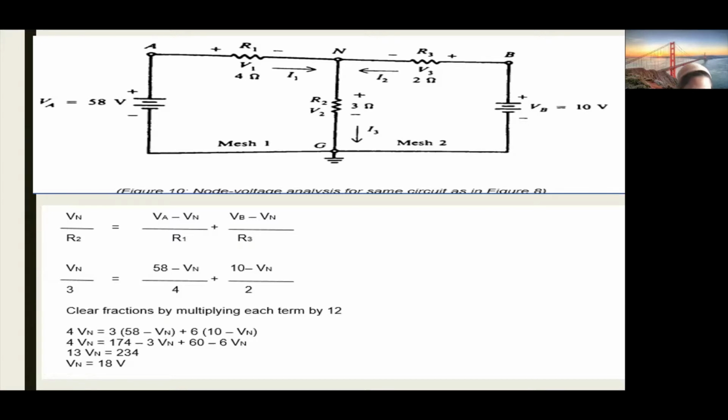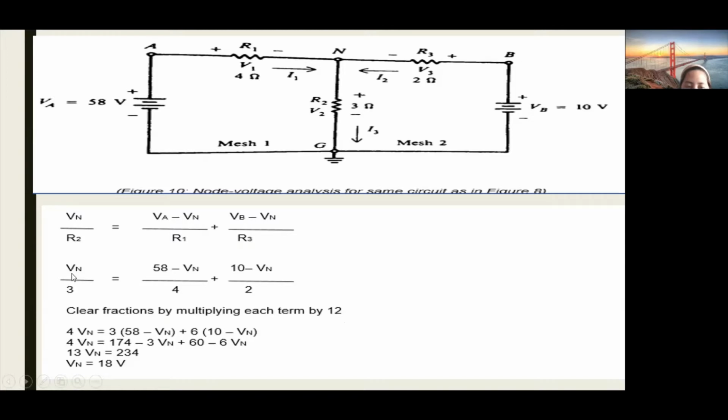So since 174 plus 60 is 234, and you transpose the negative 3 Vn, it becomes positive, so 4 plus 3 plus 6.